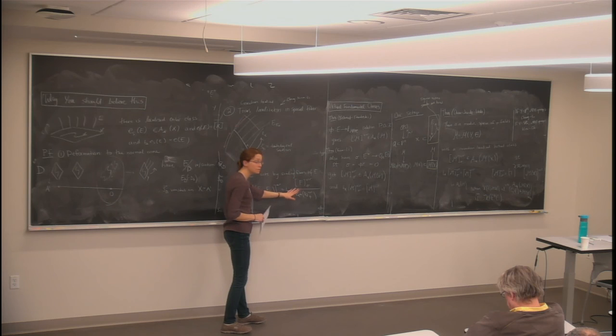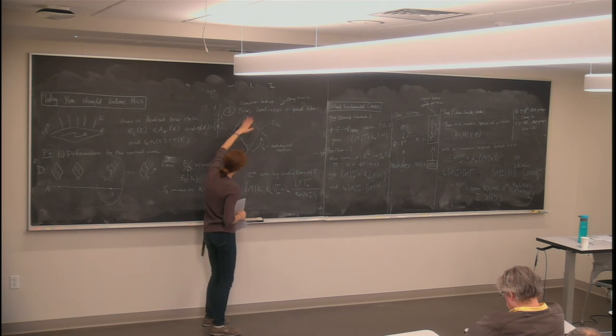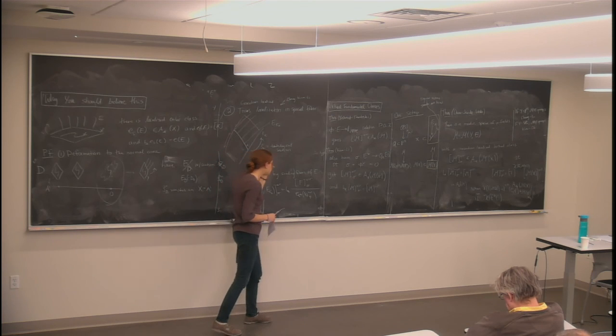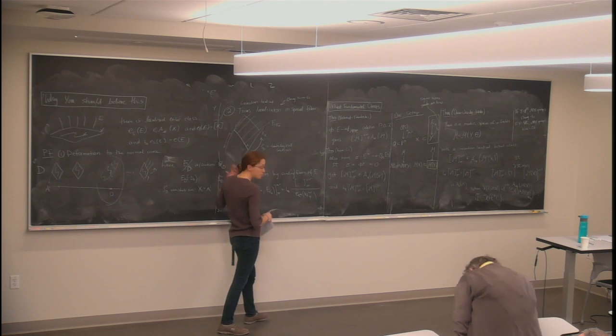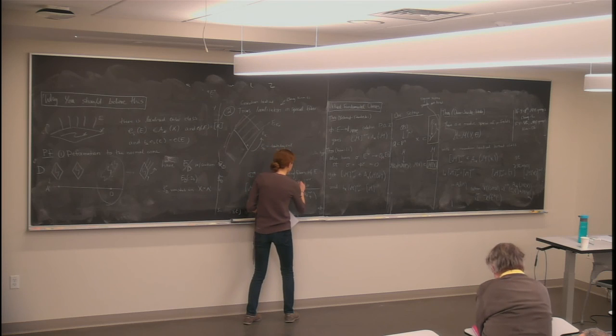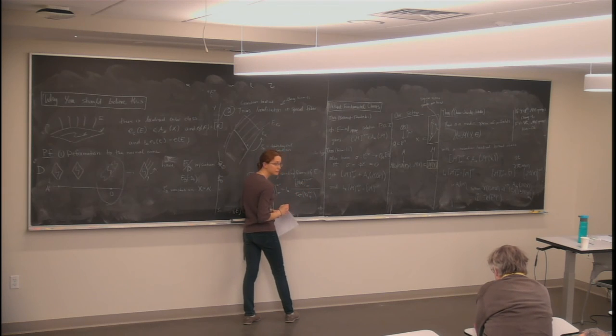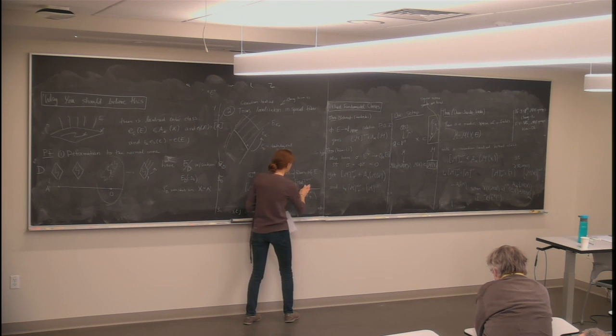So the first key observation is that the fixed locus of this torus action on the target is just X. So on the moduli of maps, the induced action fixed locus will just be maps to X, and that is the same as our degeneracy locus for the cosection. So a lot of this simplifies.